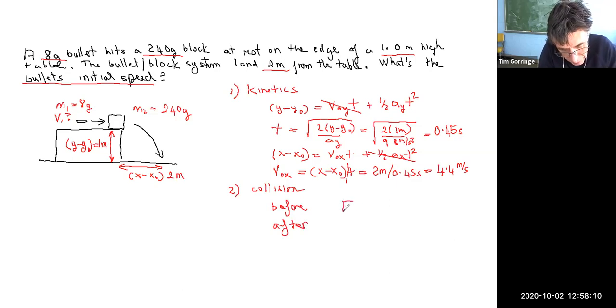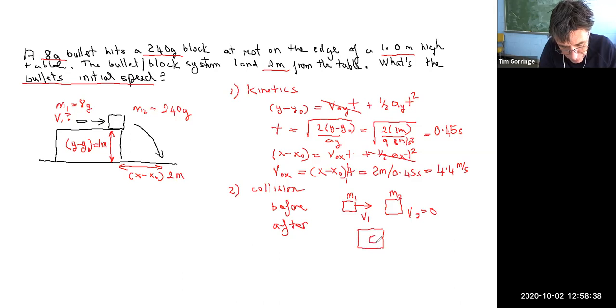Before, we've got a moving bullet, M1, striking a stationary block, M2. And after, we've got a moving block and bullet.